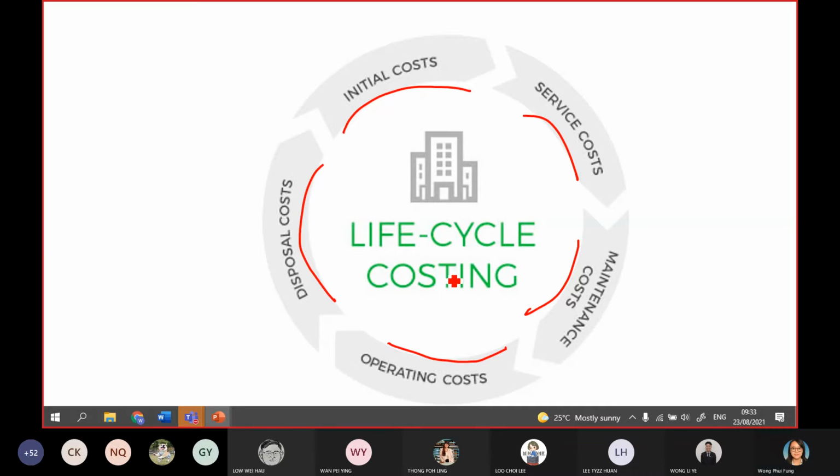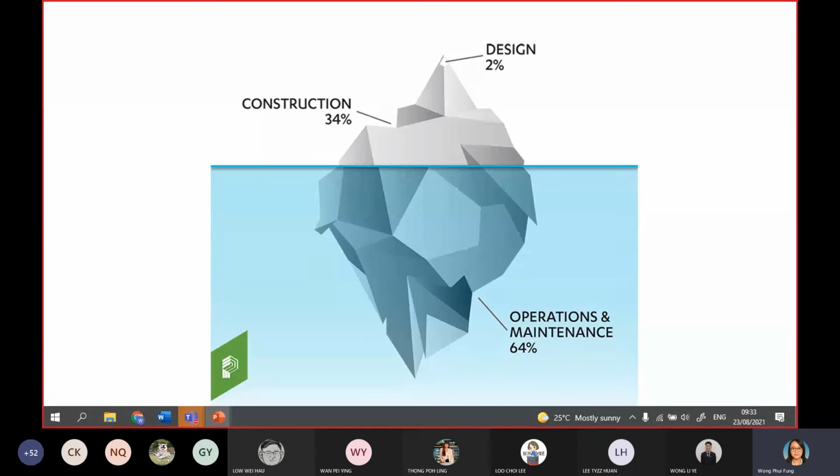Okay? Very commonly for a project, okay, look at this. This is the iceberg theory. The iceberg theory actually proved that the total cost of a building is actually look like an iceberg. The design cost only cost 2%.